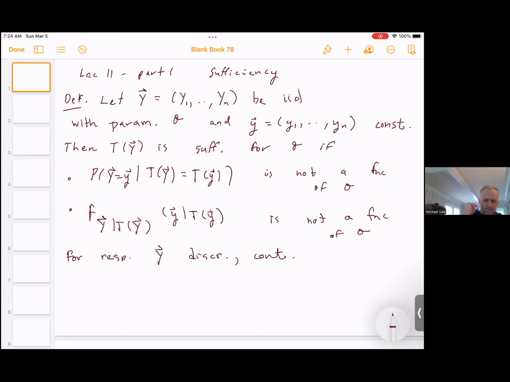Okay, so in other words, if we know the value of the statistic for the sample, we know the distribution of the sample conditionally. And we know it as a function that does not involve the parameter.